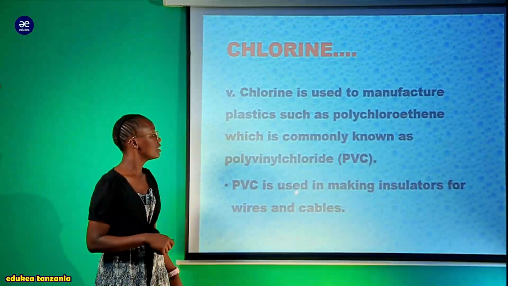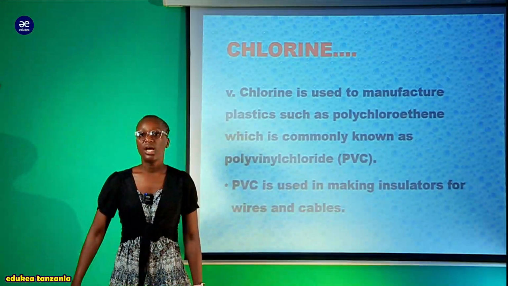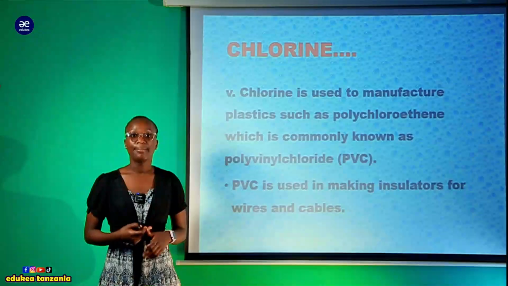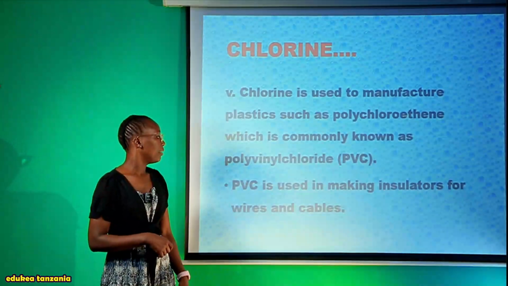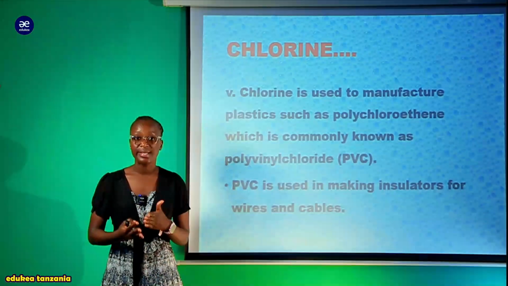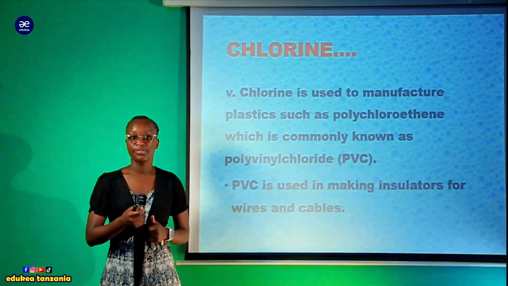Now PVC is used in making insulators for wires and cables. Kwamba hizi PVC, hizi polyvinyl chloride materials zinatumika katika kutengenezea insulator for wires and cables. Na ninavyoongelea insulator material ni yale material yote ambayo hayaallow current to pass through them.